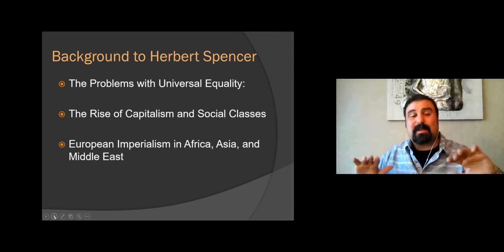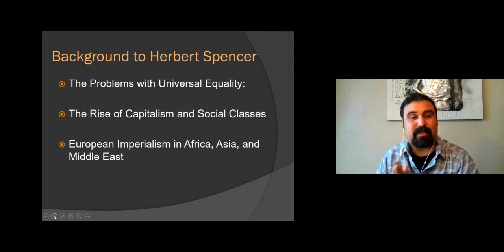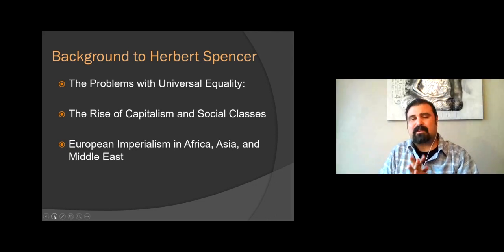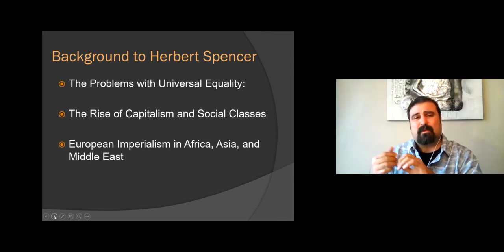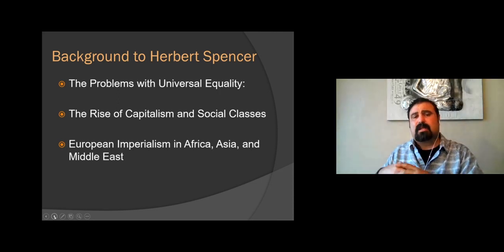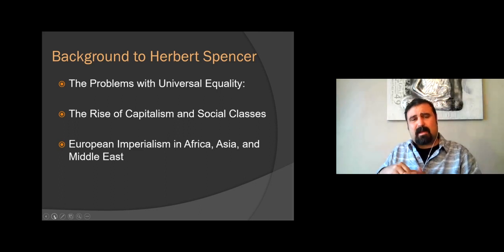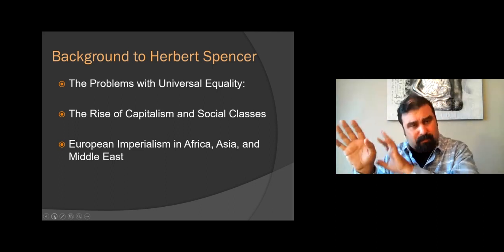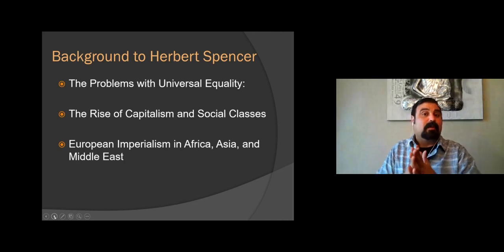We see a series of European empires, in other words, now moving into places like Africa in the latter part of the 19th century. They're also moving into Asia, establishing more and more dominant relationships also in Asia, colonizing certain regions as well, like India or Southeast Asia, for example. And also they're making, of course, their dominant presence in the Middle East as well.